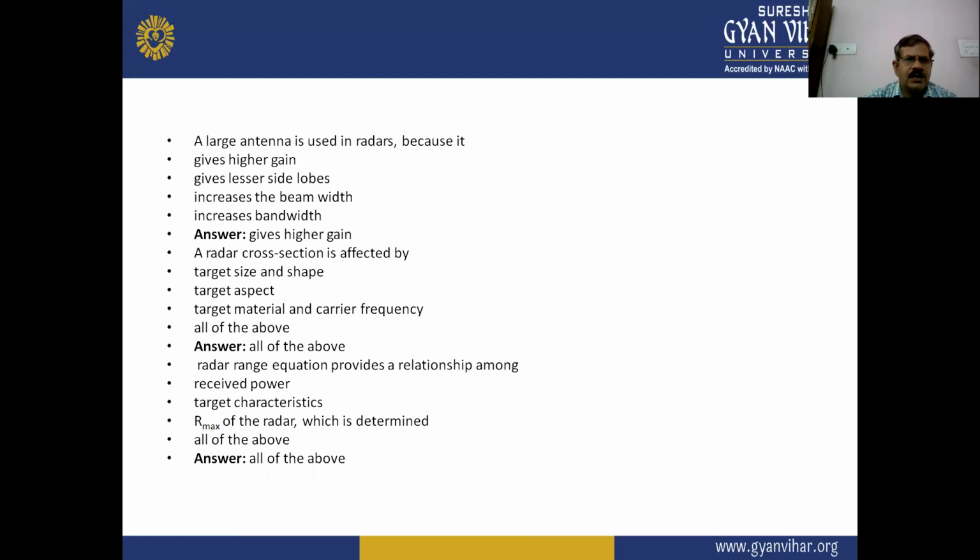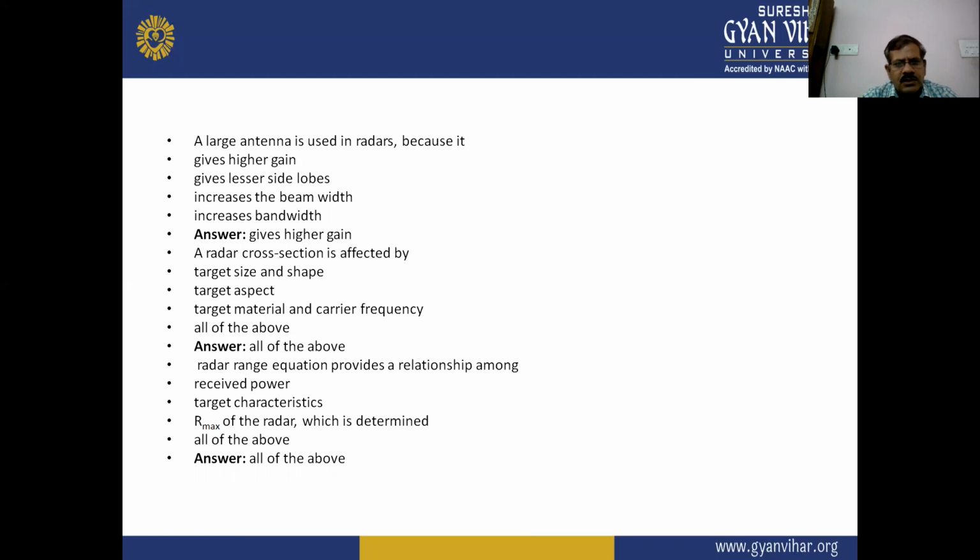So the radar cross section is affected by target size and shape, that is correct. Second, target aspect, this is also correct. And third, target material and carrier frequency, this is also correct. So radar cross section is affected by all of the above options. So answer D is correct.